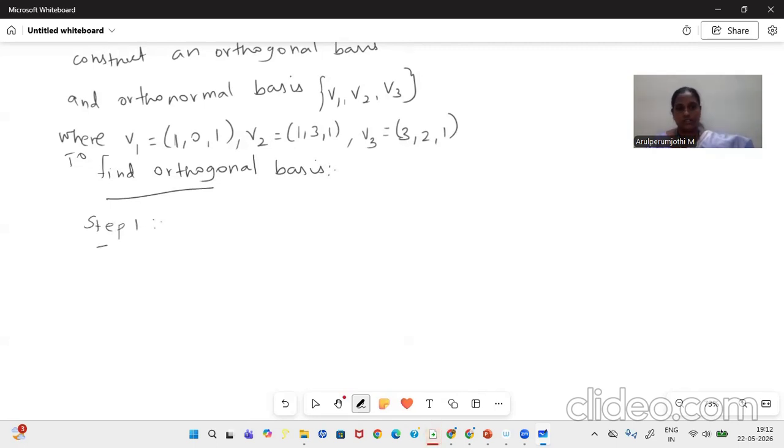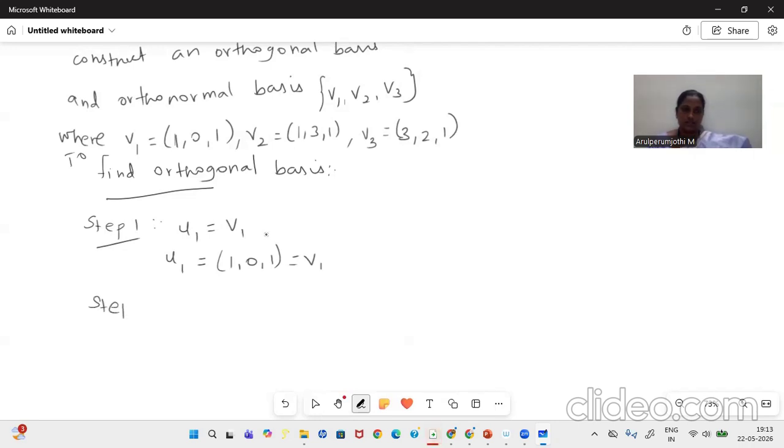So first is step 1. We know that step 1 is U1 is equal to V1. The first orthogonal vector is simply the first given vector. So what is the answer? U1 is equal to (1, 0, 1), which is nothing but V1. So step 1 is very easy.